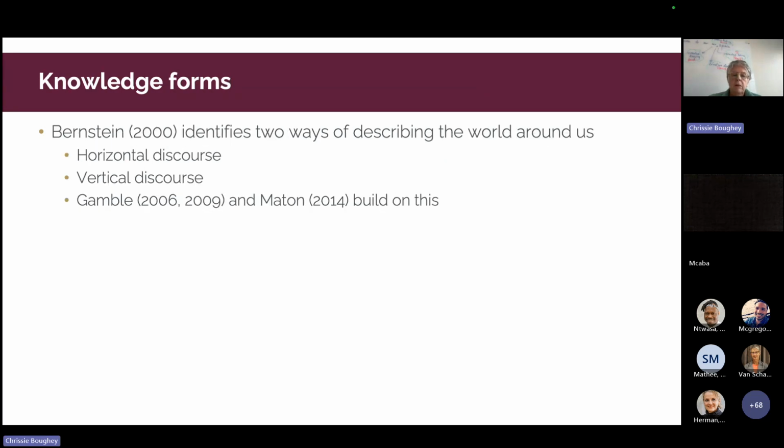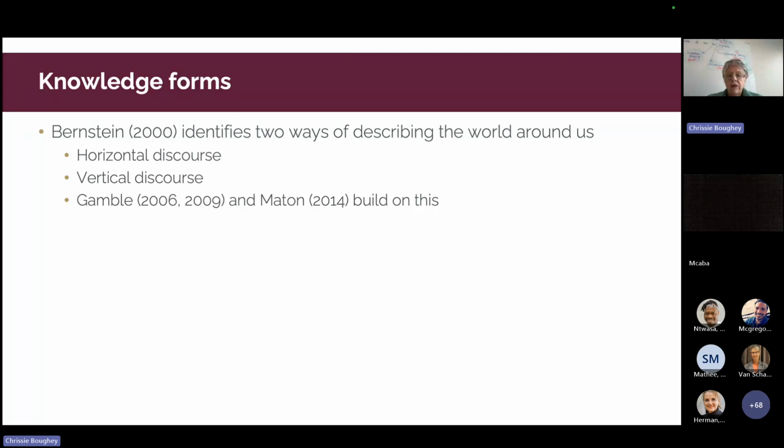And this was all helped by the work of Basil Bernstein, again a British sociologist, who identifies two ways of describing the world around us. He calls them horizontal discourse and vertical discourse. So a discourse really is a way of describing the world around us.